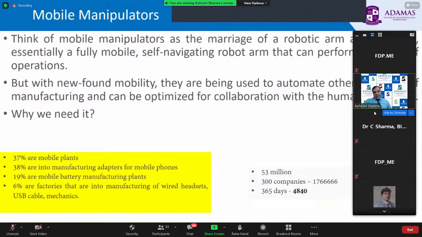So in the last year, the entire sale of mobile phones in the Indian market was 53 million, considering that there are 300 companies in India operating in the mobile business. If we divide the share amongst all the companies, just for your understanding, I have divided it equally. And one company is manufacturing 4,840 mobiles every day.